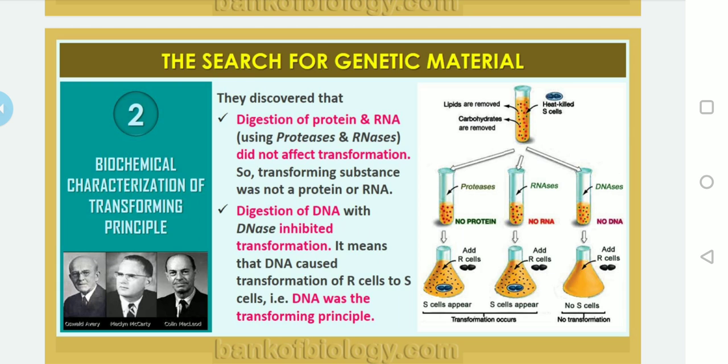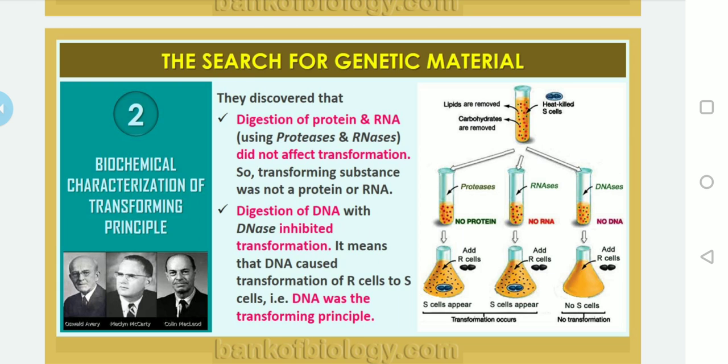So the transforming substance was not a protein or RNA. Another possibility, the digestion of DNA with DNase inhibited transformation. It means that DNA causes transformation of R cells to S cells.